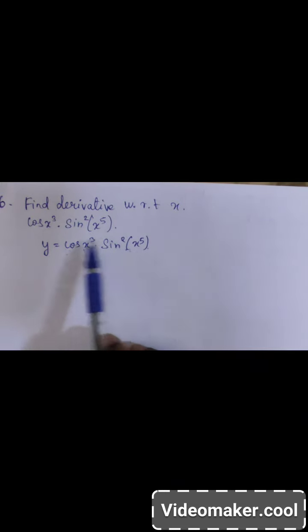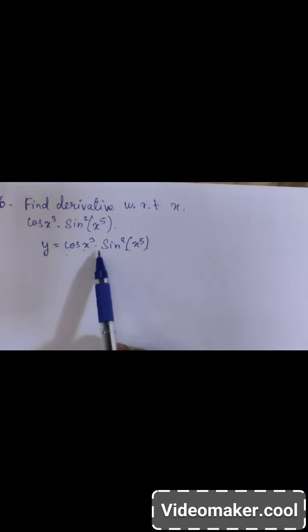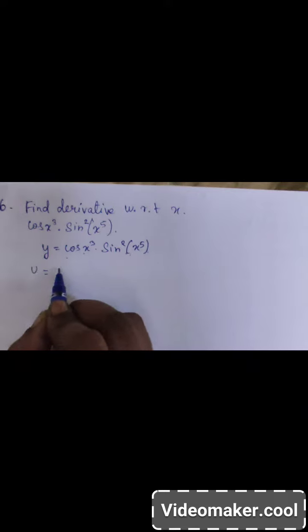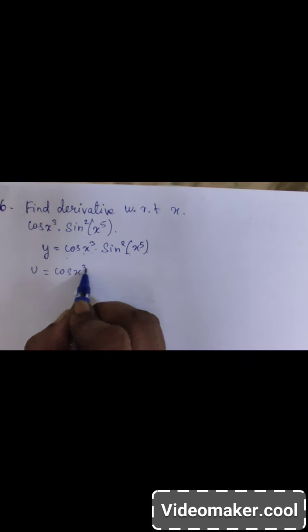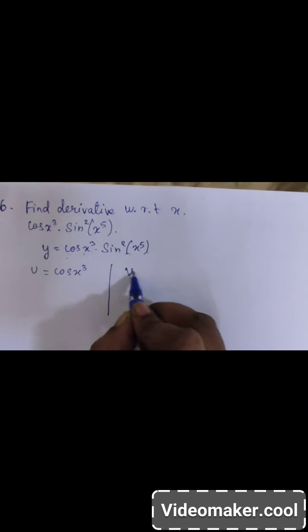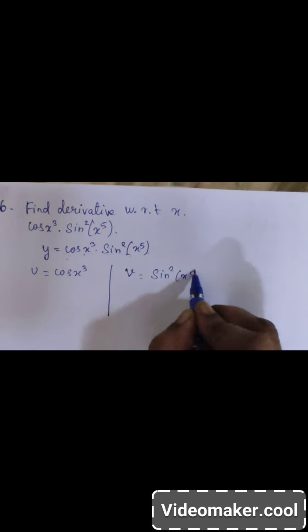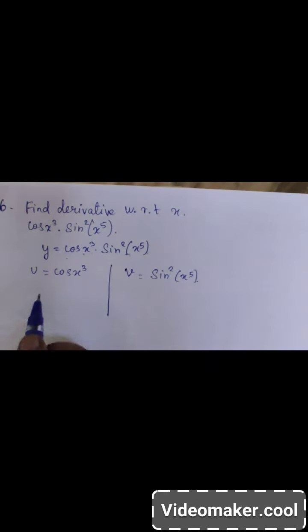So now we will find the derivative of this function using Leibniz rule. Let us take the first function as cos of x cube and the other function as sine square of x power 5.